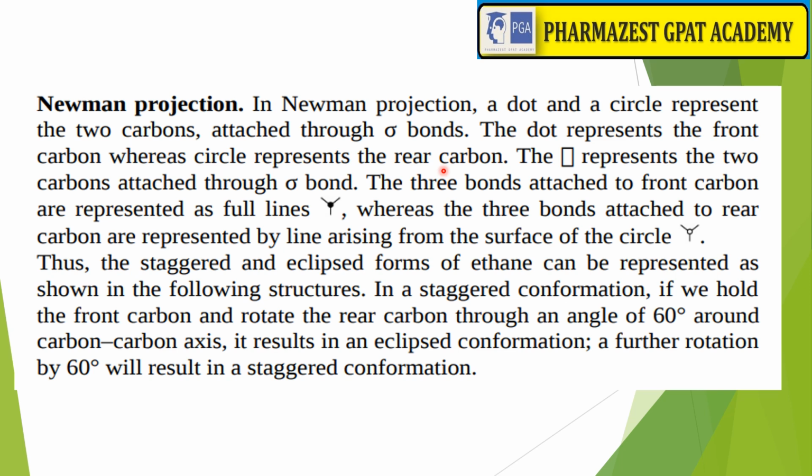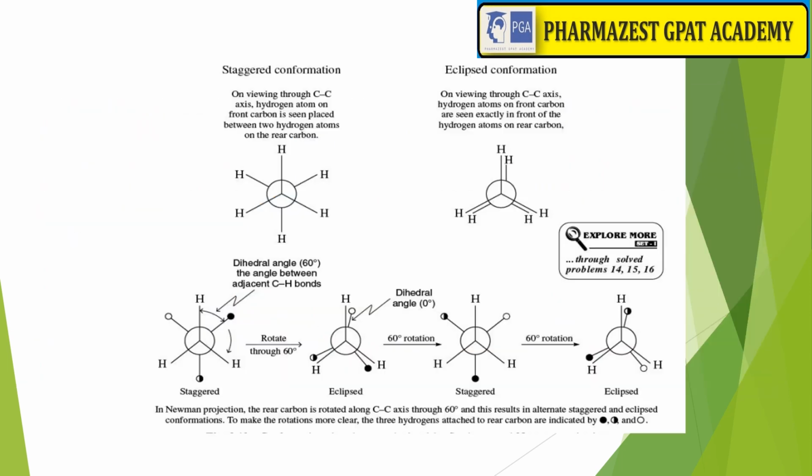The three bonds attached to the front carbon are represented by full lines, whereas the three bonds attached to the rear carbon are represented by lines arising from the edge of the circle. Thus, the staggered and eclipsed forms of ethane can be represented as shown in the structures, which are given in the next slide.